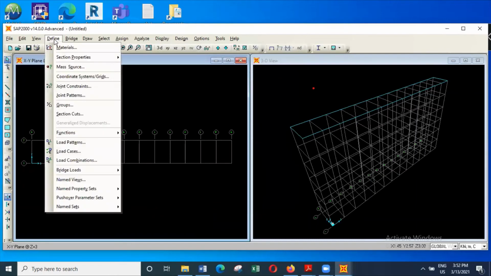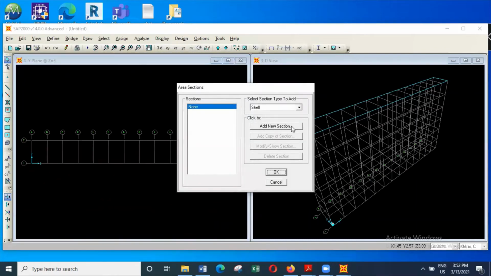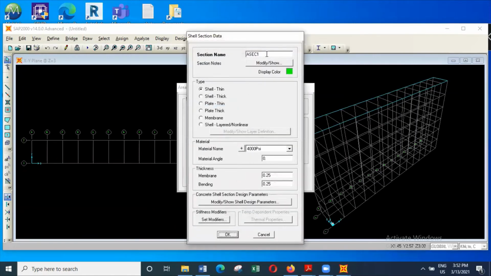And then we'll define section properties, area, wall 250, and so it's okay.